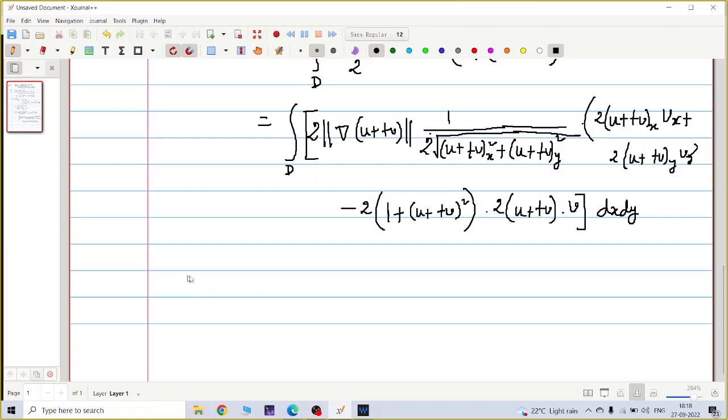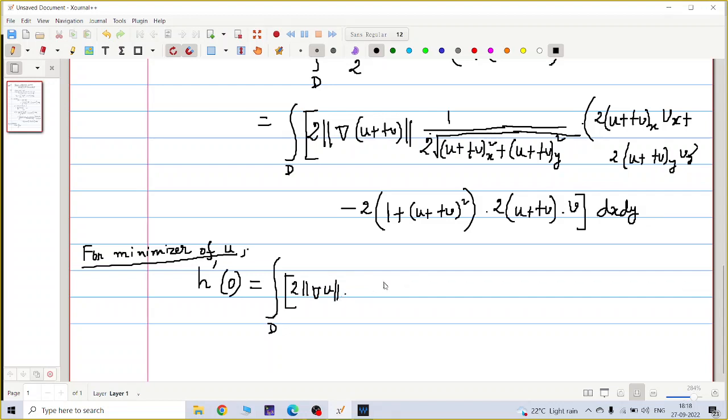Simplify means I have to find the derivative at t equal to 0. So I will put t equal to 0. So h dash 0, for the minimizer u, is the integral of 2 grad u into the term, which is also grad u at t equal to 0.